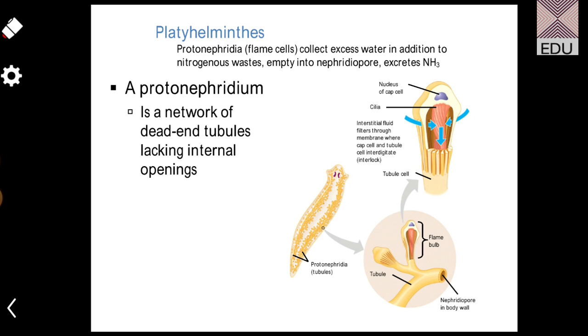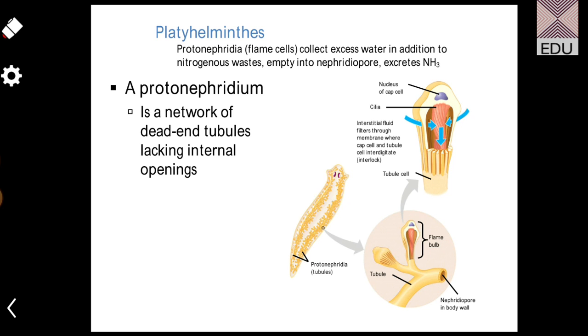So these are all things which we have done in BSc, but I am just repeating them very briefly. The excretory products which are now present in the lumen are called the primary urine. So this primary urine is formed inside the flame cell due to the process of ultrafiltration.